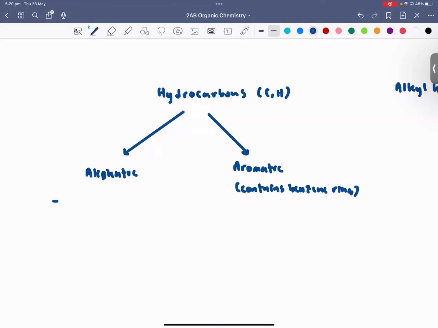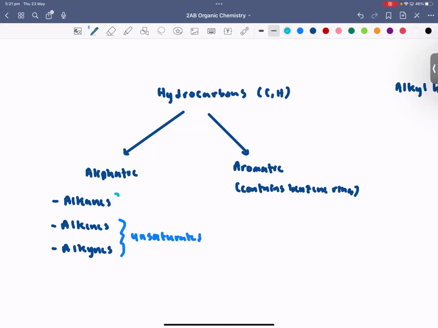So what are your different types of aliphatics? There's alkanes, alkenes, and not strictly part of the course is alkynes with a triple bond. All right. And then guys, what specific phrase is used to describe alkenes and alkynes? Unsaturated. They are classified as unsaturated hydrocarbons.